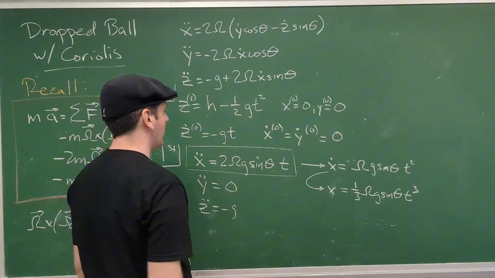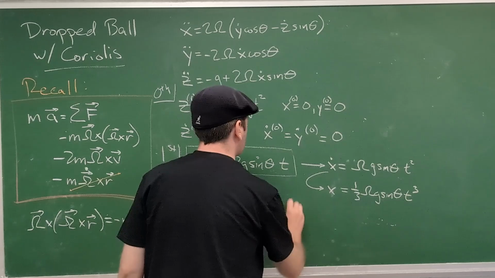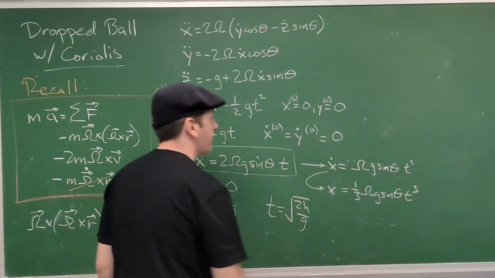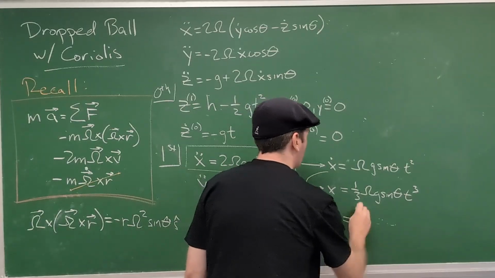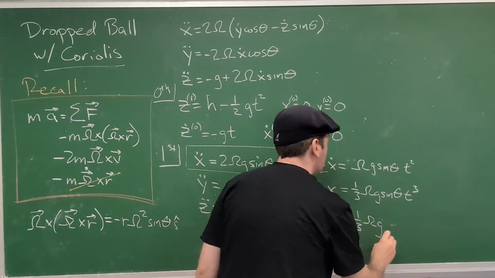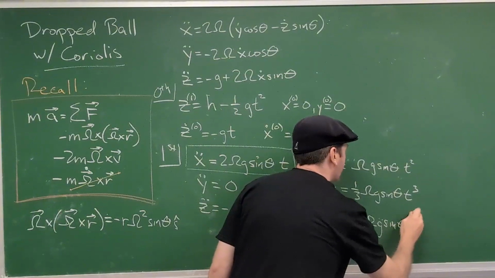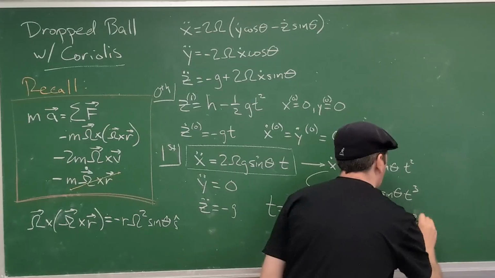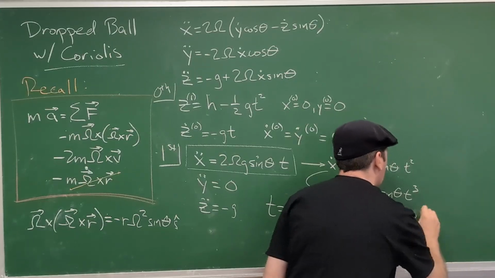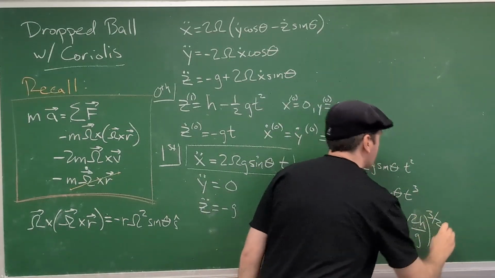And notice it's a usual fall time. So t is root 2h over g, which tells me that the amount of deflection is going to be 1/3 omega g sine theta, 2h over g, cubed, to the 3/2 power.